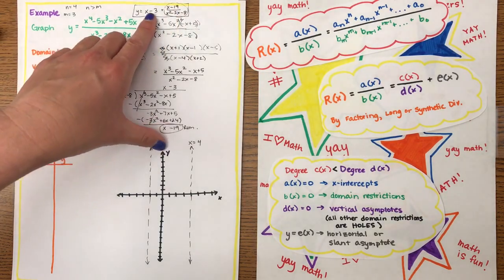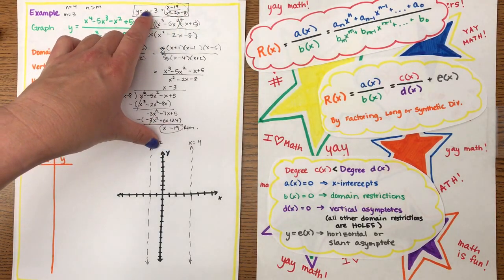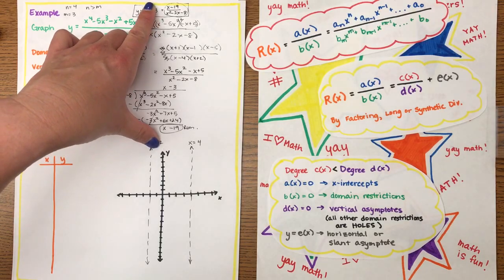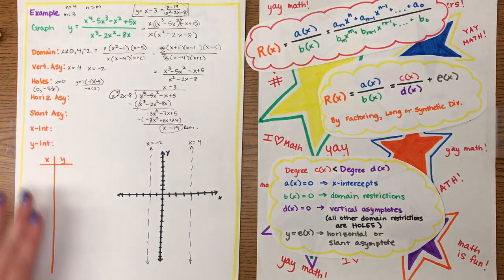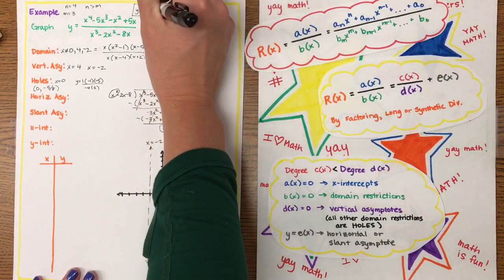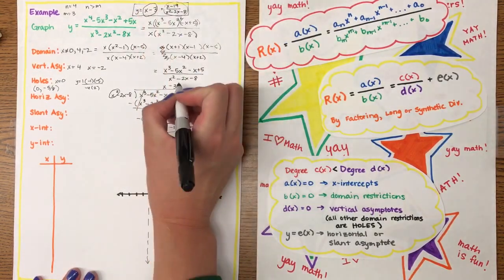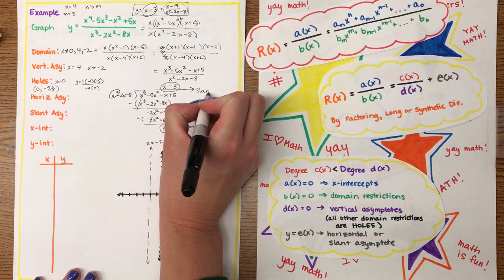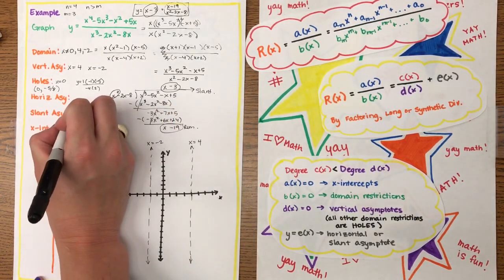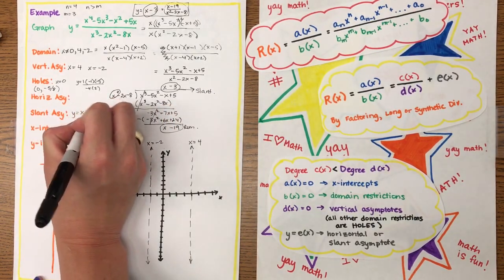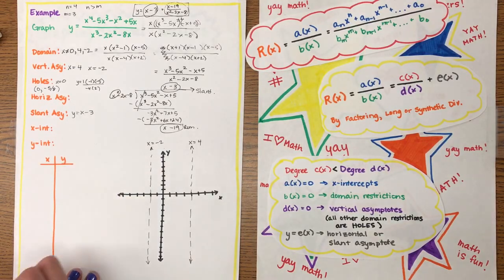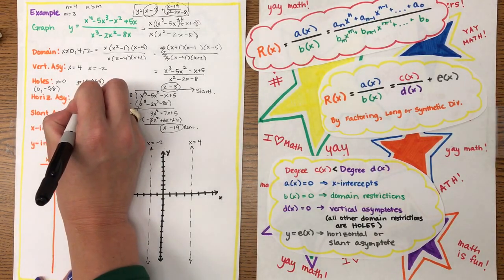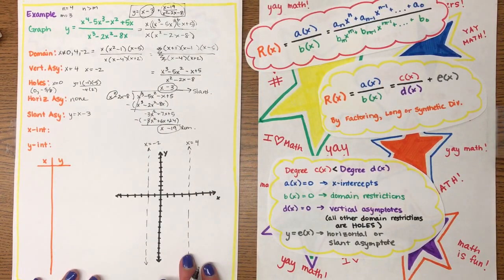So as x gets really big, y is just going to approach whatever's left here, and that's an equation. So this becomes my slant asymptote. Okay, so y is equal to x minus 3 will be my slant asymptote. Because I have a slant asymptote, there is no horizontal asymptote.